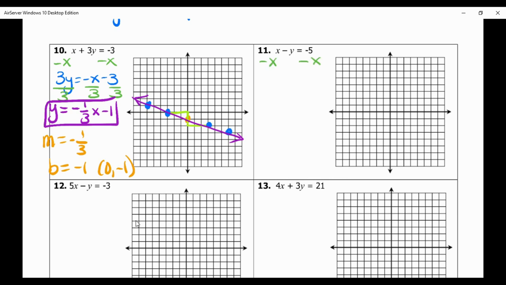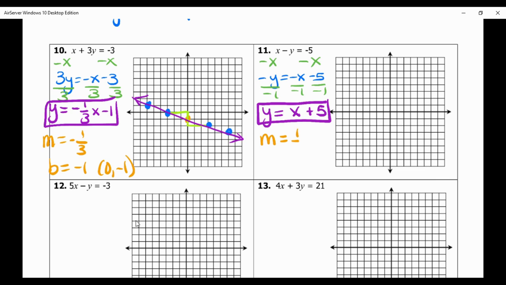First step, solve for y. Divide each term by the y coefficient. Negative x divided by negative 1 is positive x, and negative 5 divided by negative 1 is positive 5.